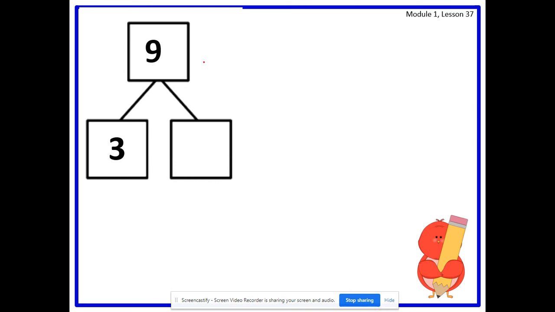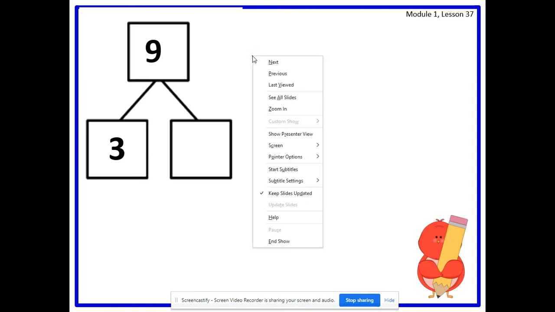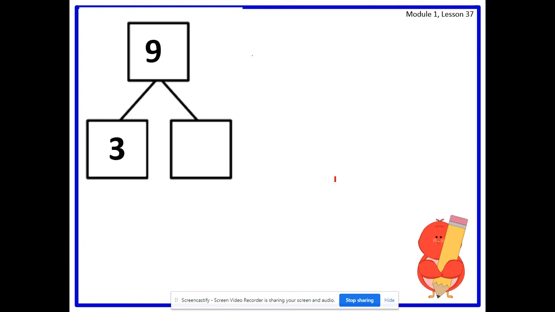So, first key point says, draw the total. Well, what is our total by looking at our number bond? Get ready. Yes, 9. So, go ahead and draw 9 with me. I draw, you draw. 1, 2, 3, 4, 5, 6, 7, 8, 9.